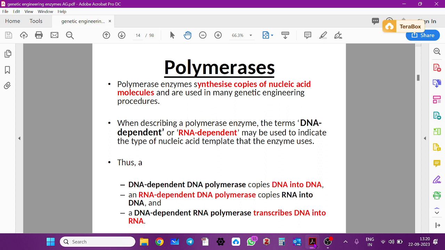Now we come to the next group of modifying enzymes. They are known as polymerases.